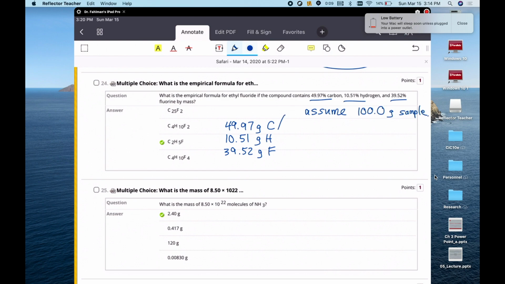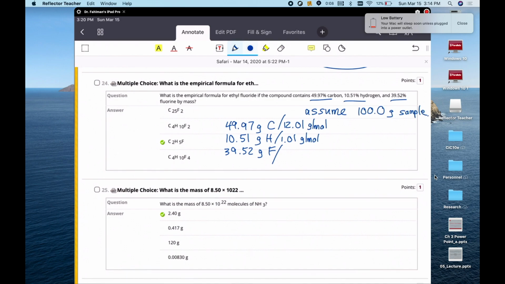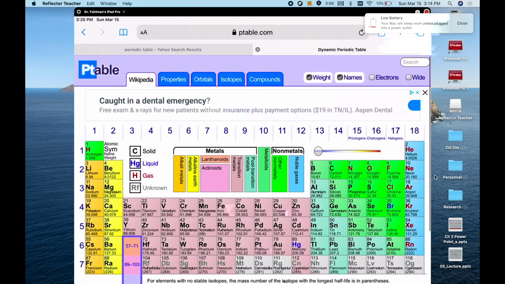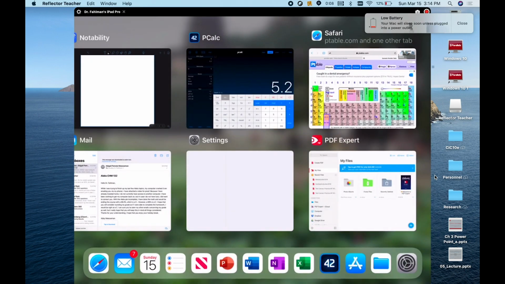Then you divide by their atomic masses, and fluorine was at 19, yeah, we'll just say 19.0.